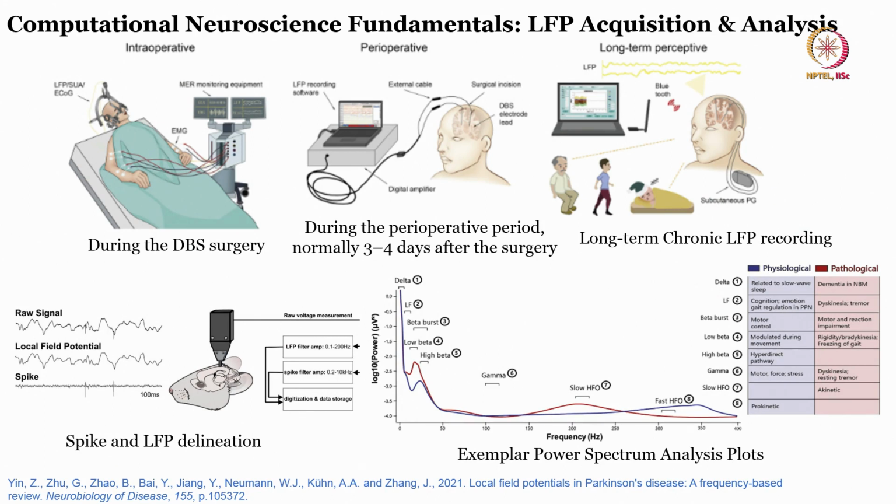You can see here that if you measure the raw voltages from a rat's brain and pass them through the LFP filter amplifier, the spike filter amplifier, and digitization and data storage, we can take the raw signals and understand where the spikes are and where the local field potentials are.